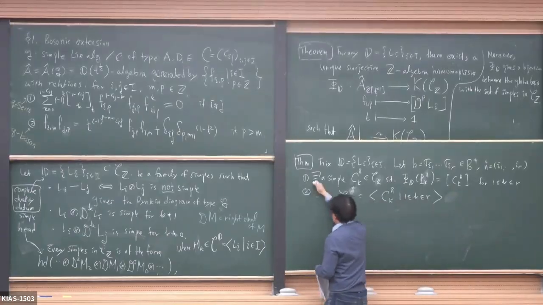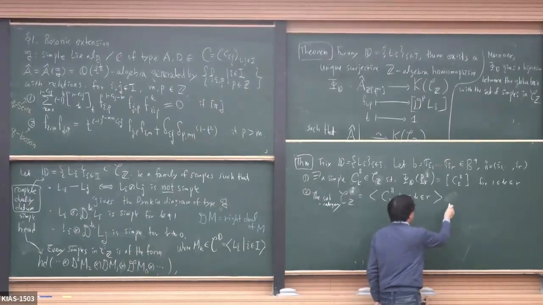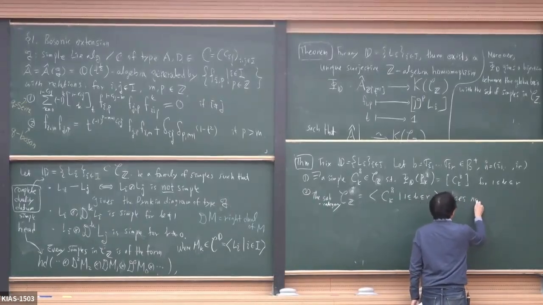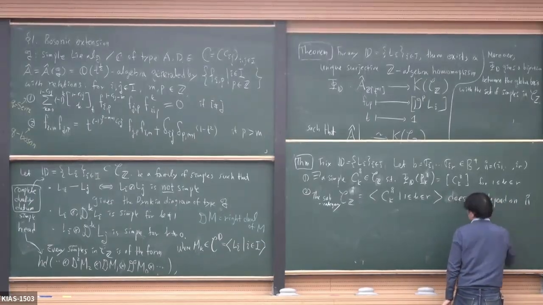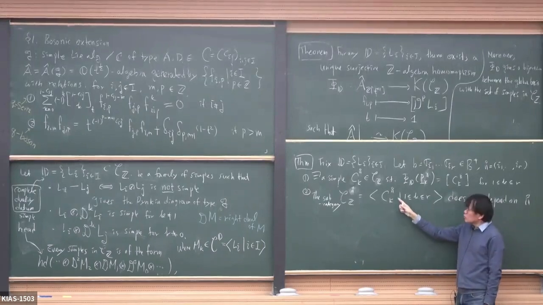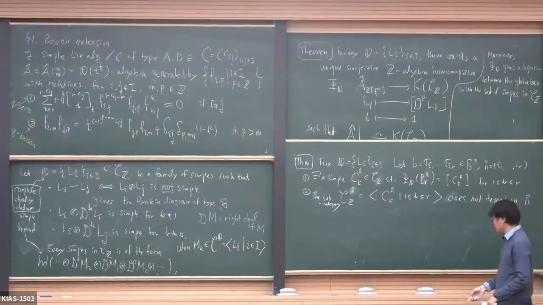A subcategory doesn't depend on the choice of I. To define this one, we need to choose I, right? But it turns out that it doesn't depend.